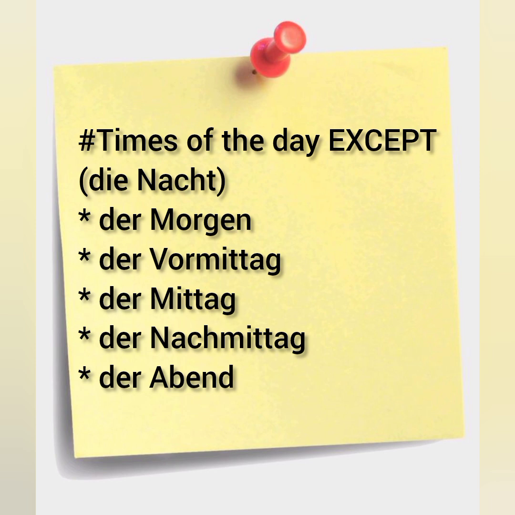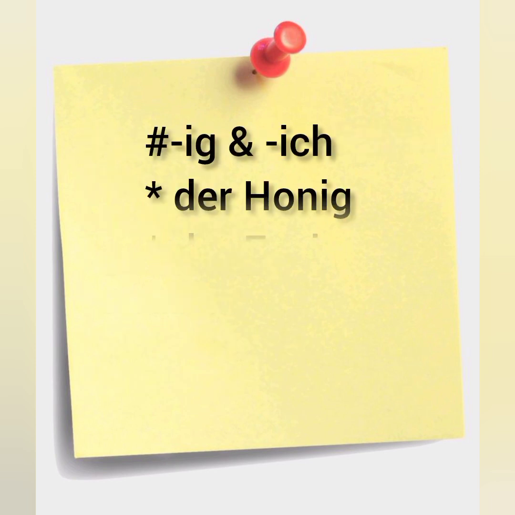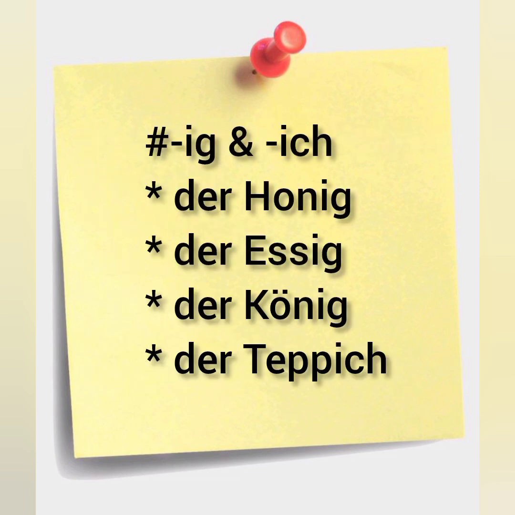All right, then. The final rule I have for us under masculine is that nouns ending in ig and ich are also considered masculine. Like der Honig. Honig is honey. Der Essig.